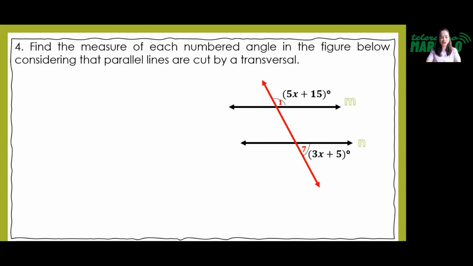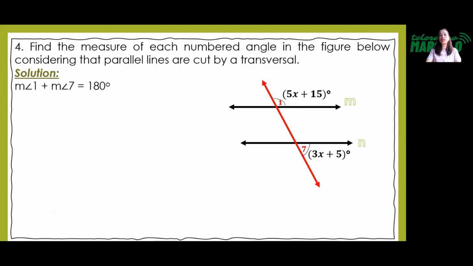So the technique in solving this problem is to examine the figure carefully and then identify the kind of relationship that exists between the given angles. Since angle 1 and angle 7 are same side exterior angles, therefore, they are supplementary.